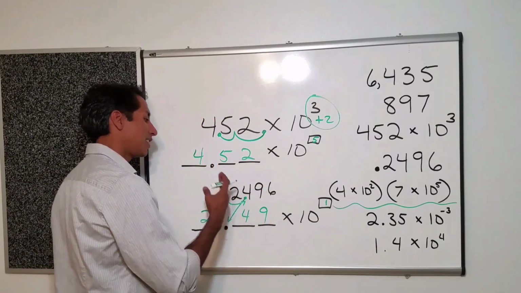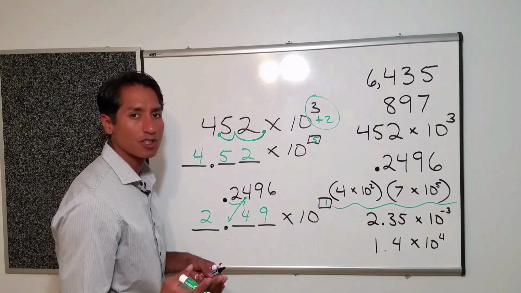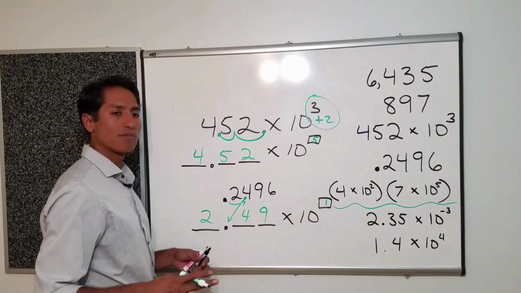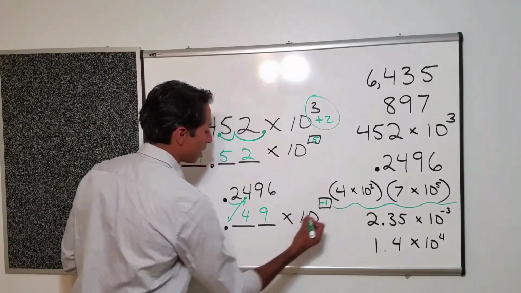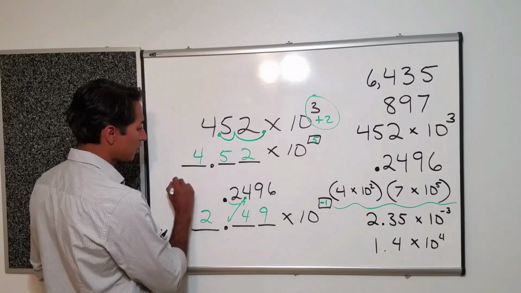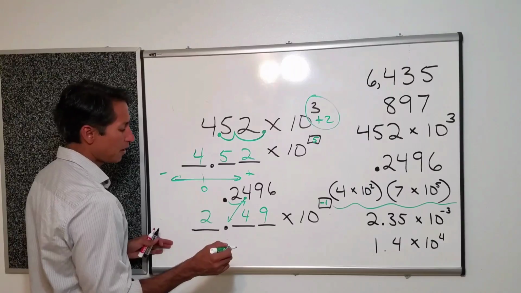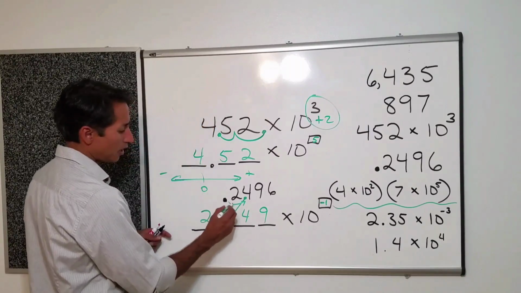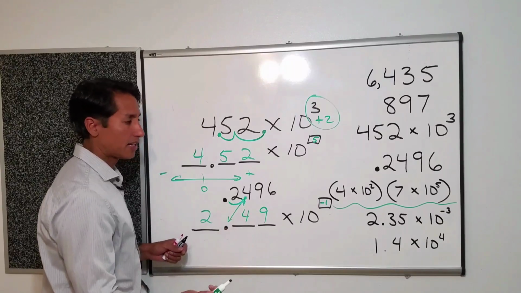So yes, you're moving the decimal to the right, but you do need to add something which is going to tell us, well, let me show you. Let's do this. The answer is -1 here, okay? And so if we were to think of it as a number line, positive, negative, in order for us to get this direction, we would have to move to the right, okay?